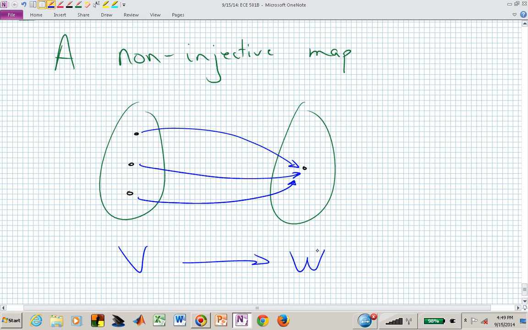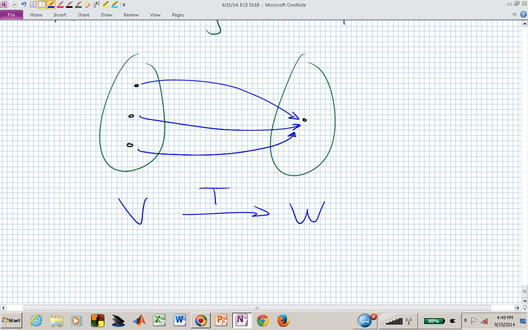A non-injective map means that you can have many different starting vectors in the domain producing the same location in the codomain.